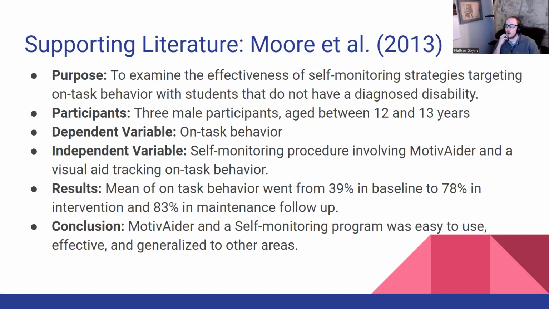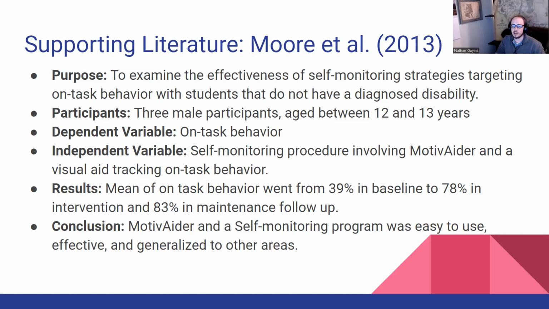The Moore et al. 2013 study was very similar, and its purpose was to examine the effectiveness of self-monitoring strategies on on-task behavior with students that specifically do not have a diagnosed disability. So this was again in the general ed classroom. Their participants were 3 male participants between the ages of 12 and 13, so middle school students.